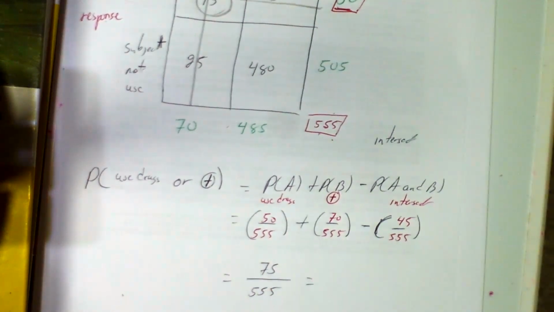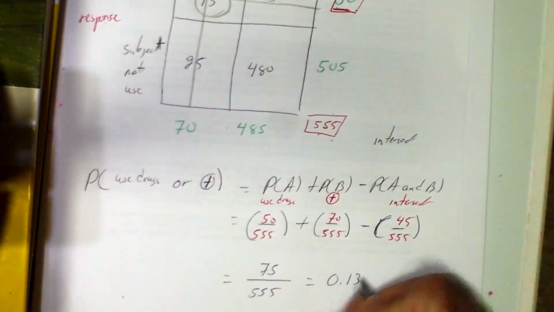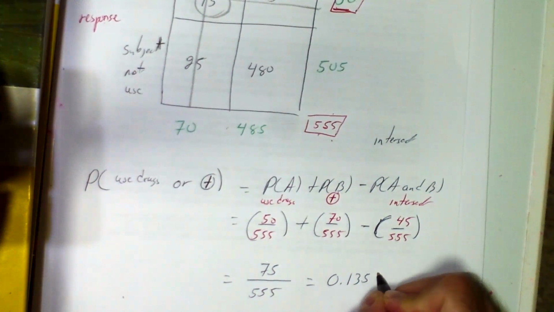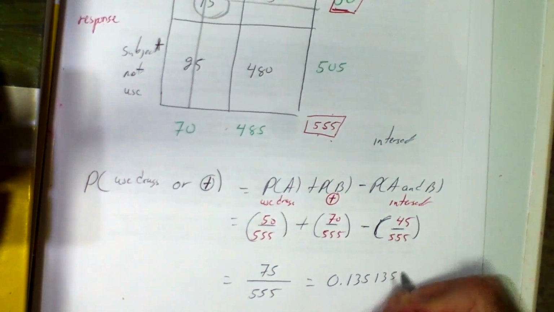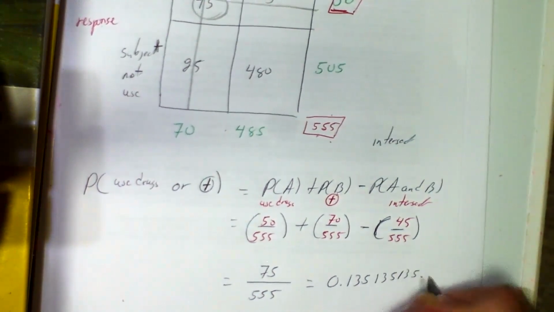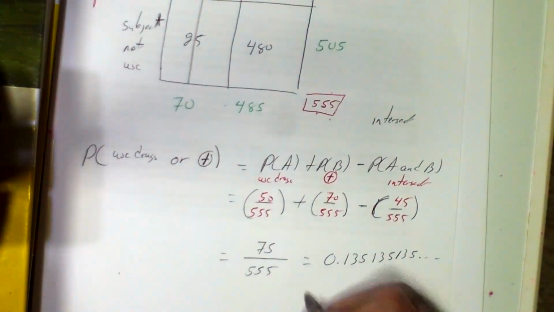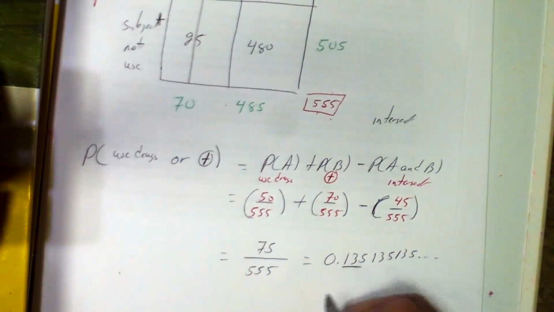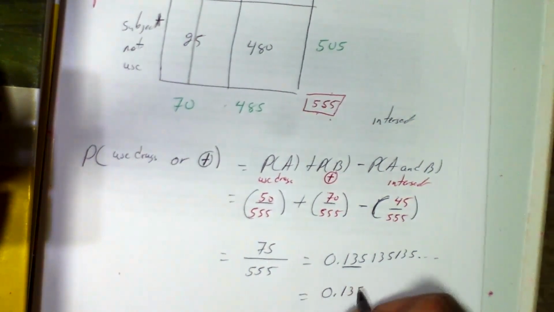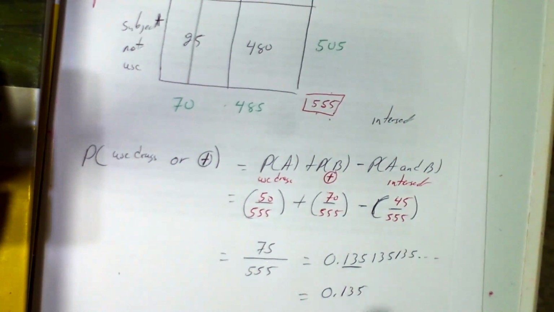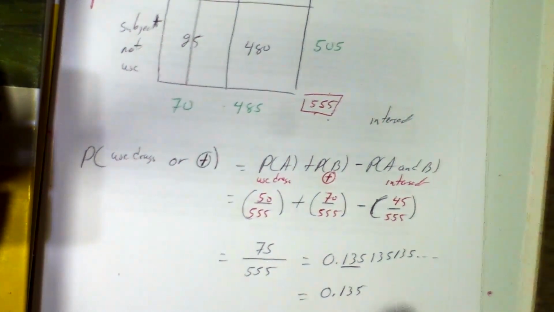And divide. I get 0.135, repeating. Right. And you remember where to round it off? If I want to leave it in decimal, I have to round it off to 3 places. That would be 0.135. If I want to put it in percentage, this would be 13.5.